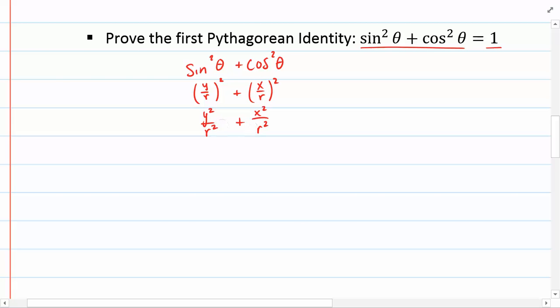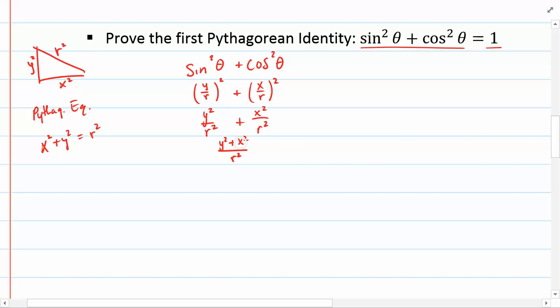Now these two have a common denominator, so I'm going to show that y squared plus x squared, so y squared plus x squared over r squared. And here's where we have to make a mathematical leap. If you think back to the Pythagorean equation, in any right triangle, if we have x, y, and r, we know that x squared plus y squared equals r squared.